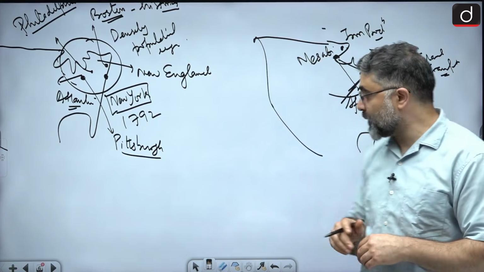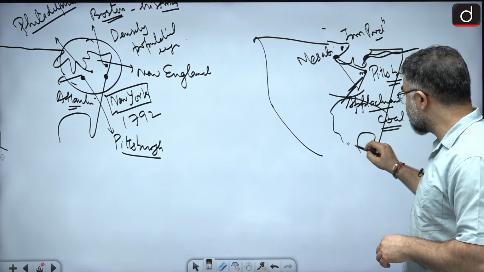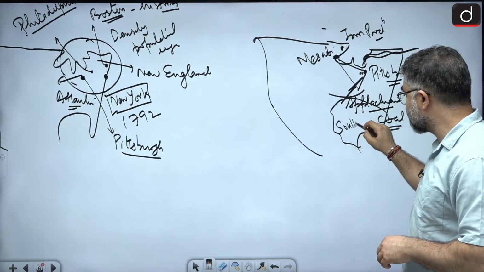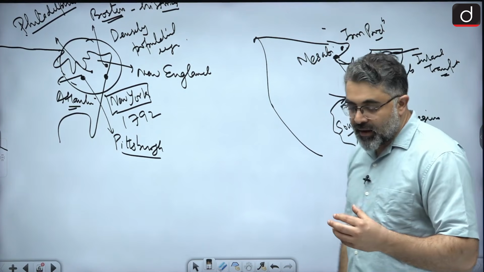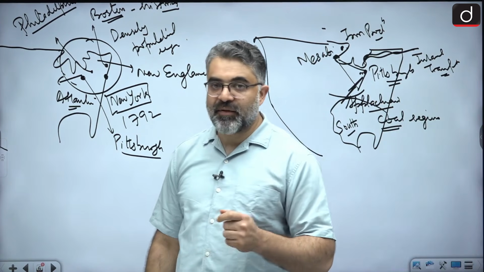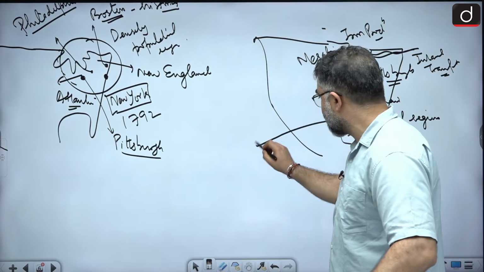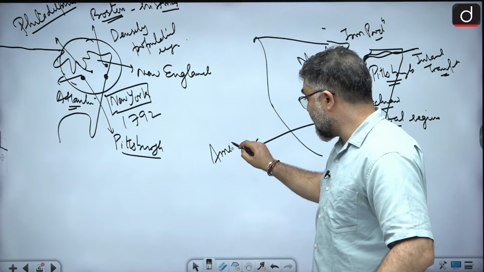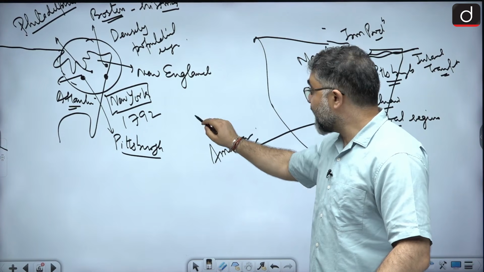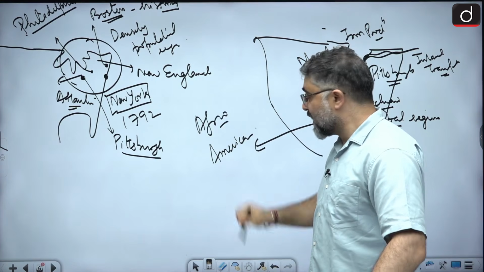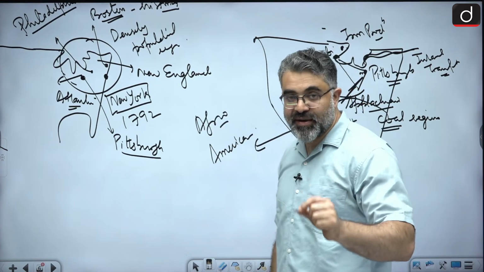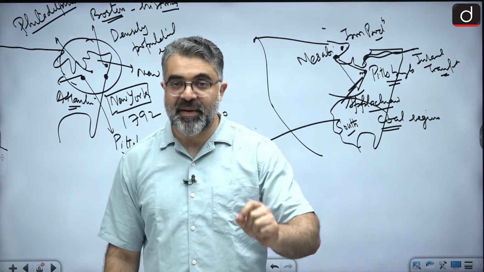Another important region of USA is the southern region. Looking at the southern region of USA, you will find that it has great history, American as well as African population. So that Afro-American population lived largely in the southern part of USA.